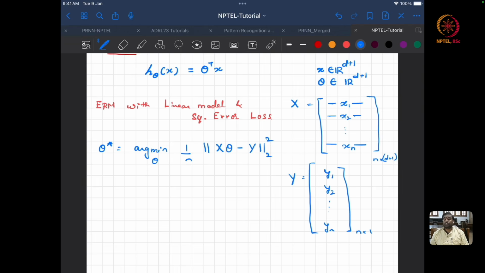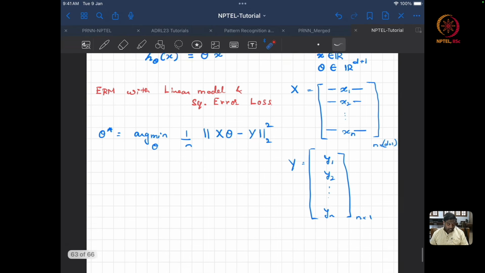This is the whole thing. I'm considering all the data points together, therefore I'm not writing the sum from i equal to 1 to n. Since I'm considering all the points, the output of this will be a vector. You can take each one of them, and it finally boils down to the same equation that we had earlier.